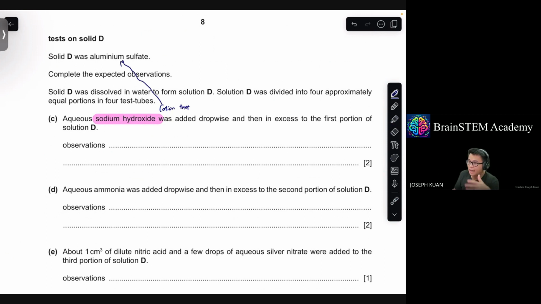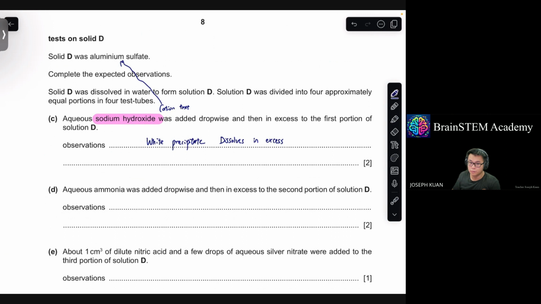How does aluminium ion react with sodium hydroxide solution? It forms a white precipitate, and this white precipitate actually dissolves in excess. That's the feature of aluminium ions in a cation test.